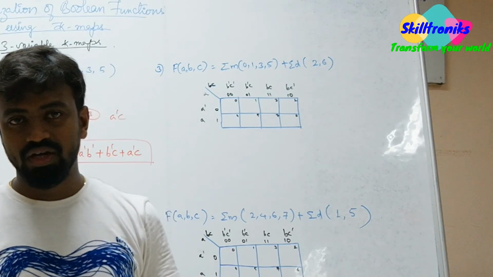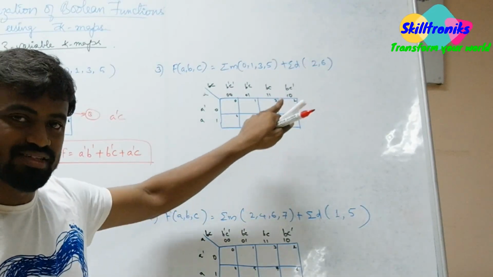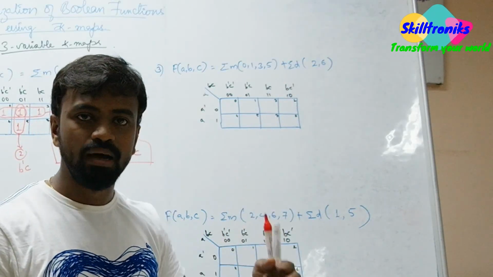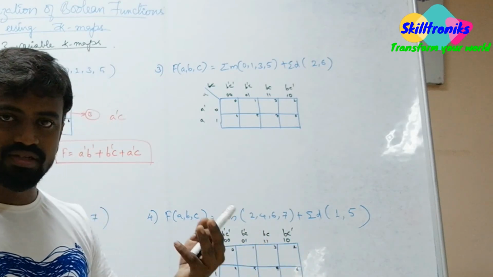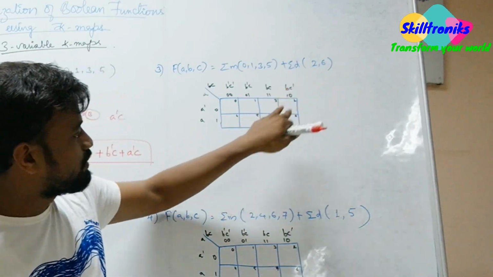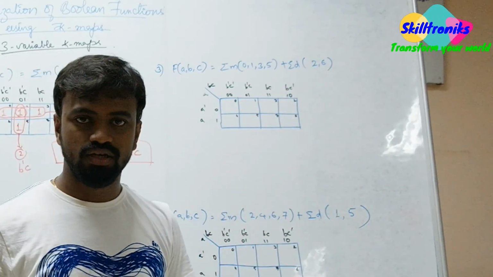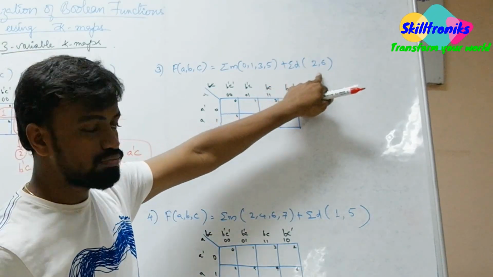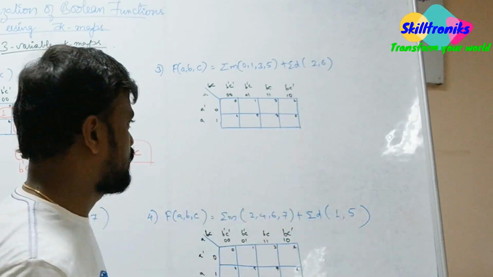We should represent the don't care minterm with a cross mark in the square assigned to it. You cannot simply leave the don't care minterms out of the K-map, because those will be treated as minterms carrying zeros, and if you represent these don't care minterms with ones in the K-map, they will be treated as minterms with value one. So both are not correct. So the best method is to map these don't care minterms in the K-map with a don't care mark.